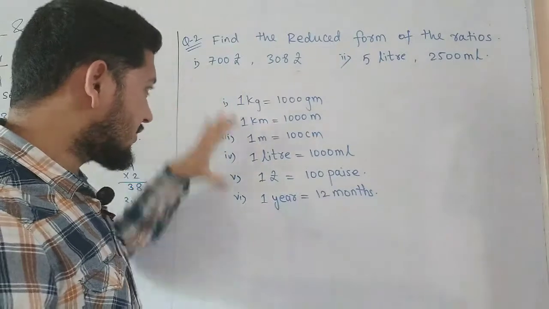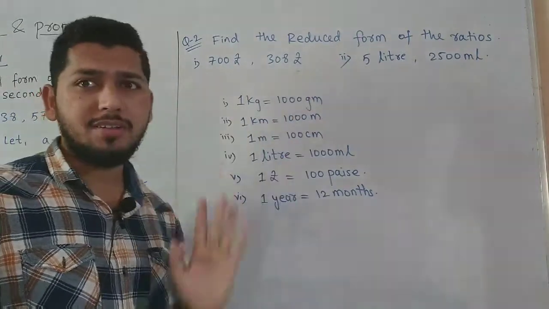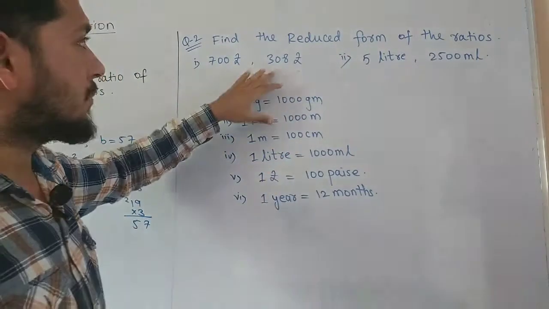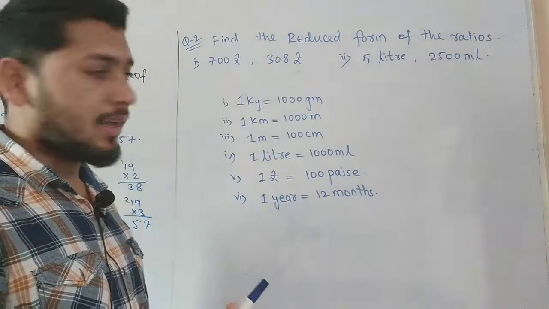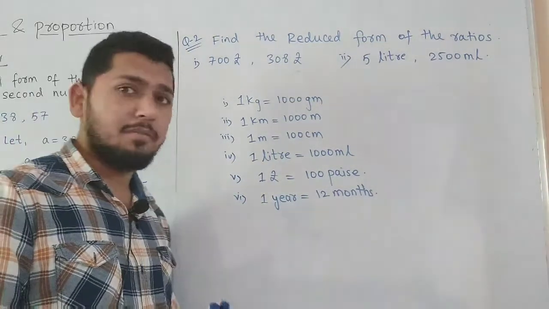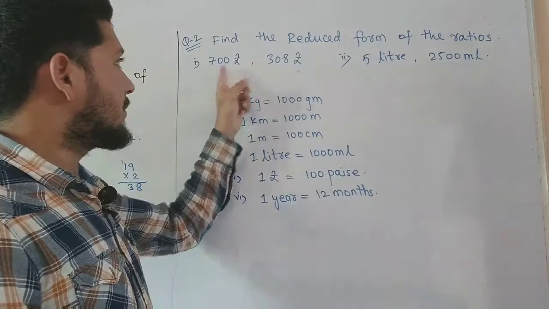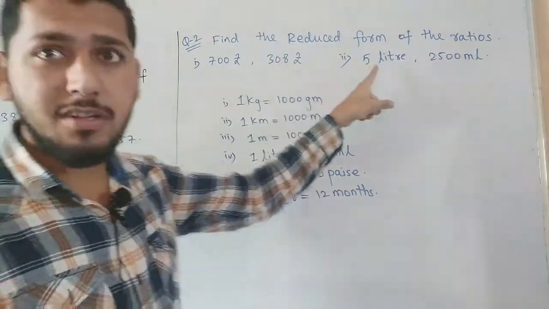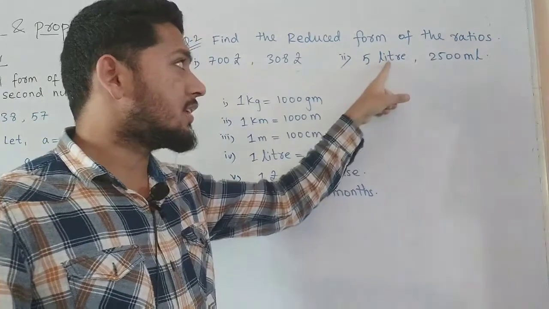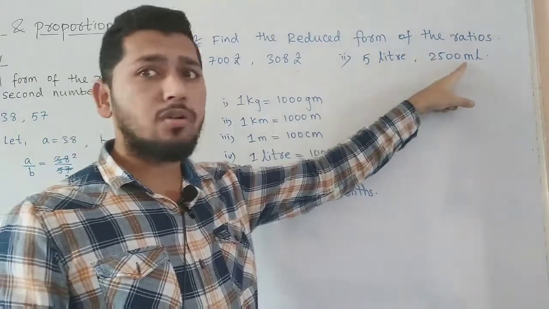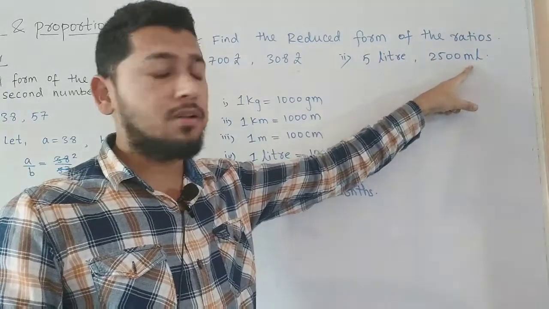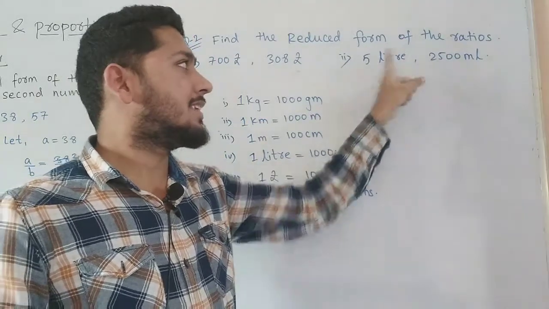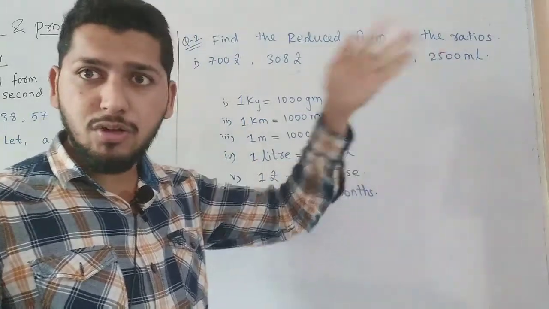Using these quantities only you can simplify this example, because in this example we have to convert their measuring values. Here the measuring values are the same, so we can divide rupees directly. But in the second question, the first quantity is given in liters and the second quantity in milliliters. So we have to change liters into milliliters, means greater quantity to smaller quantity.